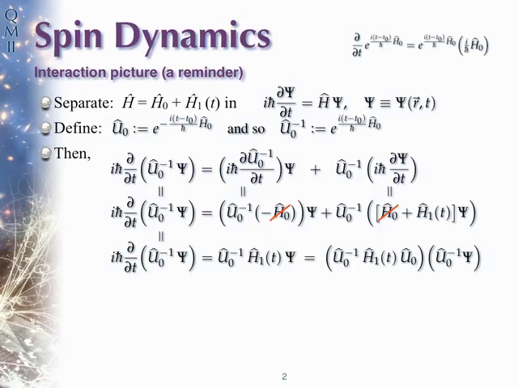where we can insert between H1 and psi in the middle term the identity, which can be conveniently written as U0 times U0 inverse, and then grouping the terms as indicated by the round parentheses.